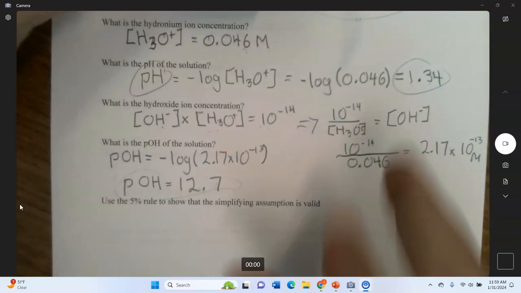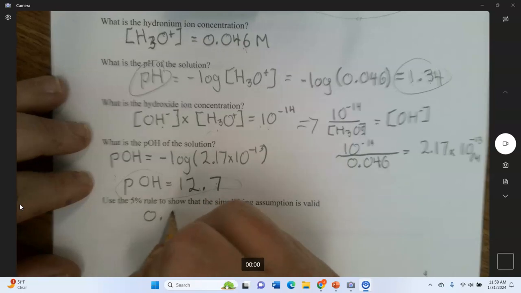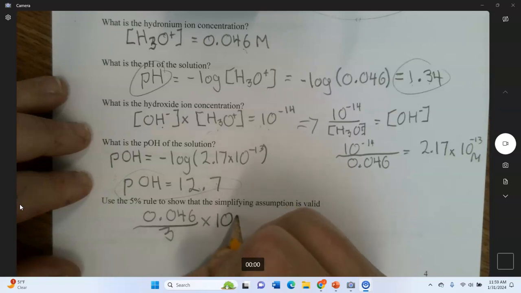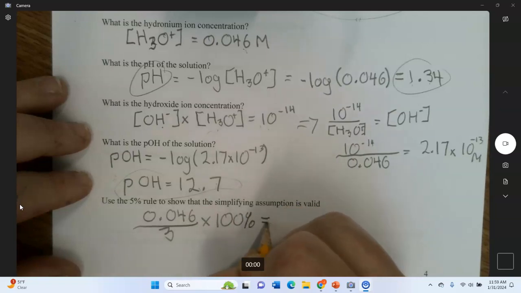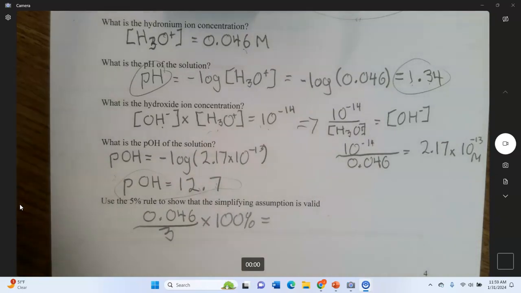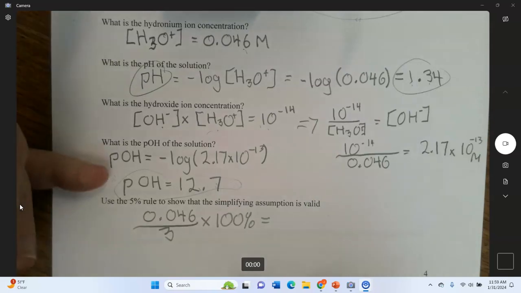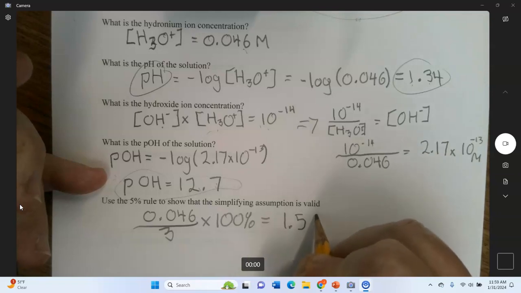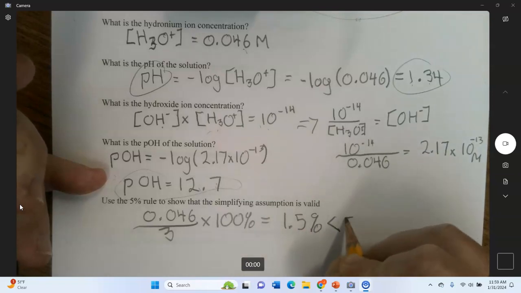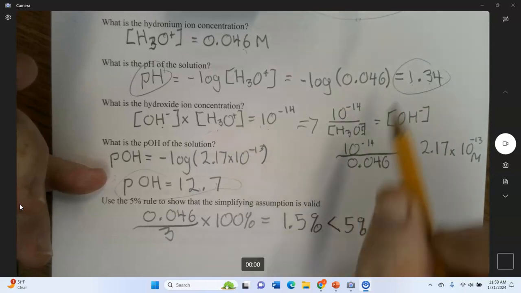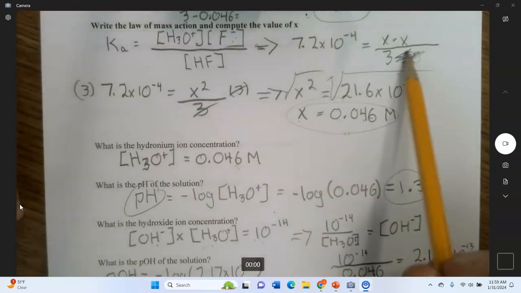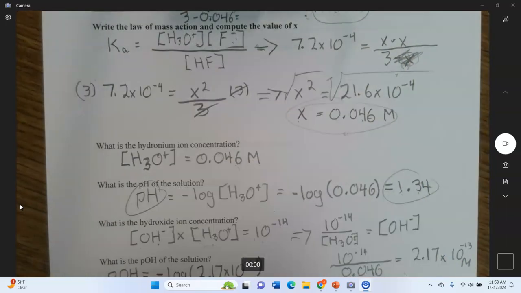So we come down here, and you multiply it by 100, and then you put the percent sign on at the end, and that would give us 1.5%. So that is less than 5%. So we justified eliminating the x right there. Okay, that takes care of this problem.